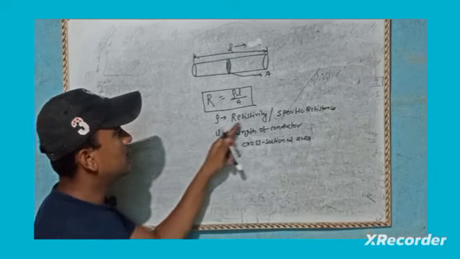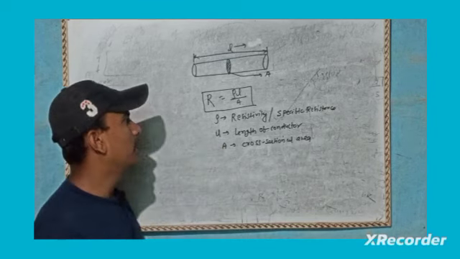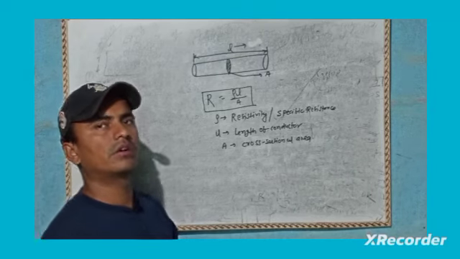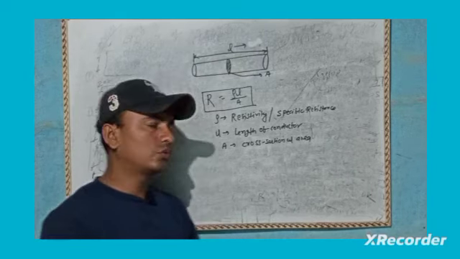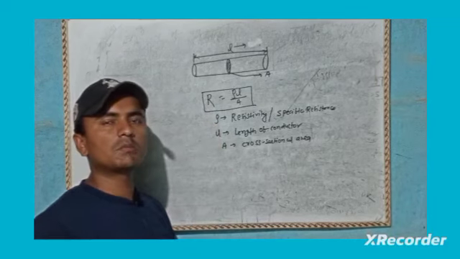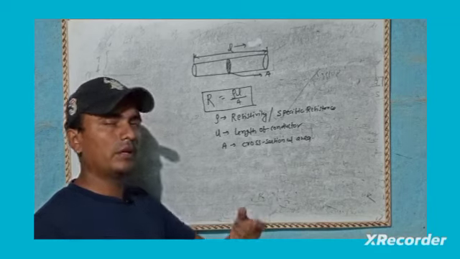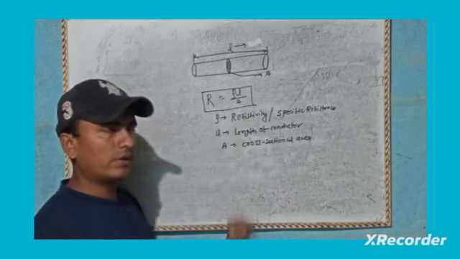Resistivity is a property of the metal. Different metals have different resistivity. Yes or no? So the resistance value also differs. Different materials have different resistivity, so the resistance is also different.